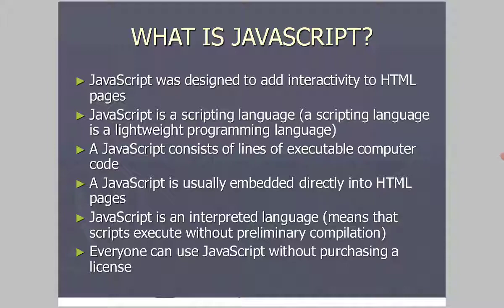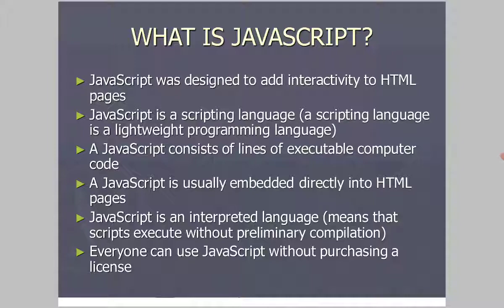So a JavaScript consists of lines of executable computer code. JavaScript is usually embedded directly into the HTML page, means we can directly include the JavaScript code in HTML pages.